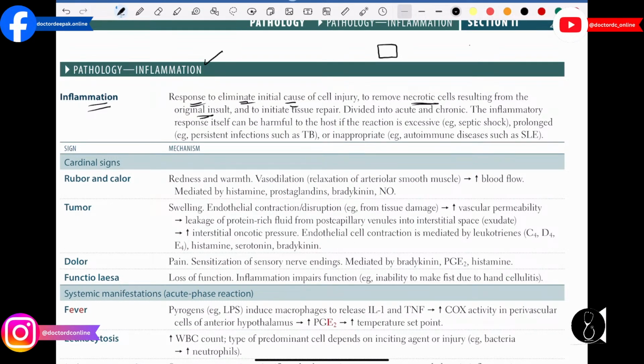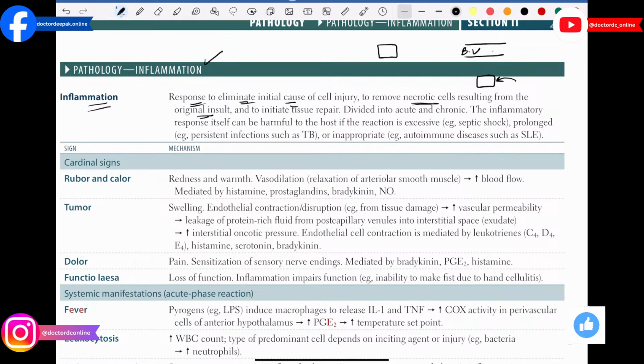So let's take an example. This is the blood vessel and here is the cell, and let's suppose this cell is going to be injured. After the injury, your body allows the inflammatory cells, like neutrophils and macrophages, that are present in the blood vessel, plus your complement proteins, which are plasma proteins, and the fluid which is also present in the blood vessel.